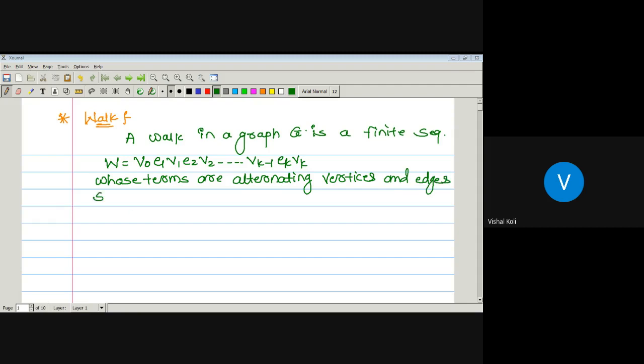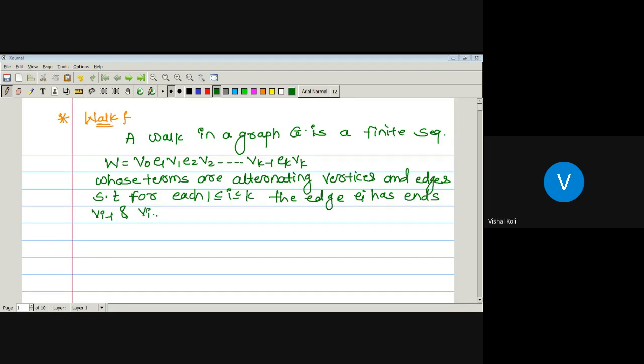such that for each i lying between 1 to k, the edge Ei has ends Vi minus 1 and Vi.